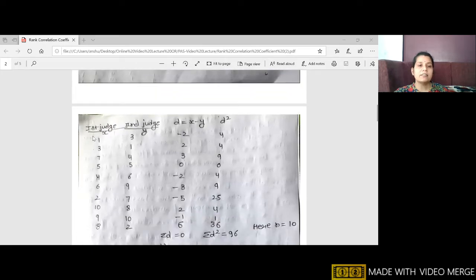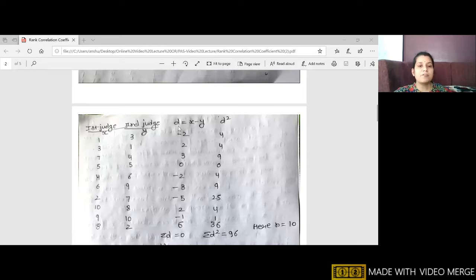So here is the rank given by the first judge and the rank given by the second judge, and the total number of participants is 10. So 1, 3, 7, 5, 4, 6, 2, 10, 9 and 8. These are the ranks given by the first judge, and these are the ranks given by the second judge.